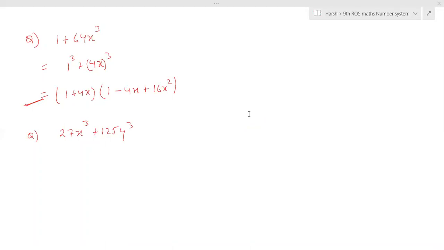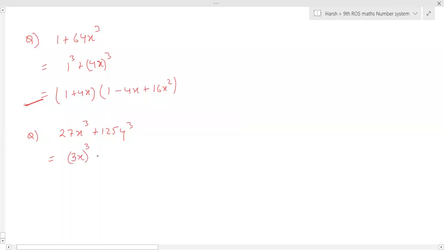This time, Lohit. So 3x plus 5y into 9x square minus 15xy plus 25y square. Plus 25y square? Very good. That's the correct answer. Yes, explain to the whole class. So first you can write 27x cube as 3x whole cube.